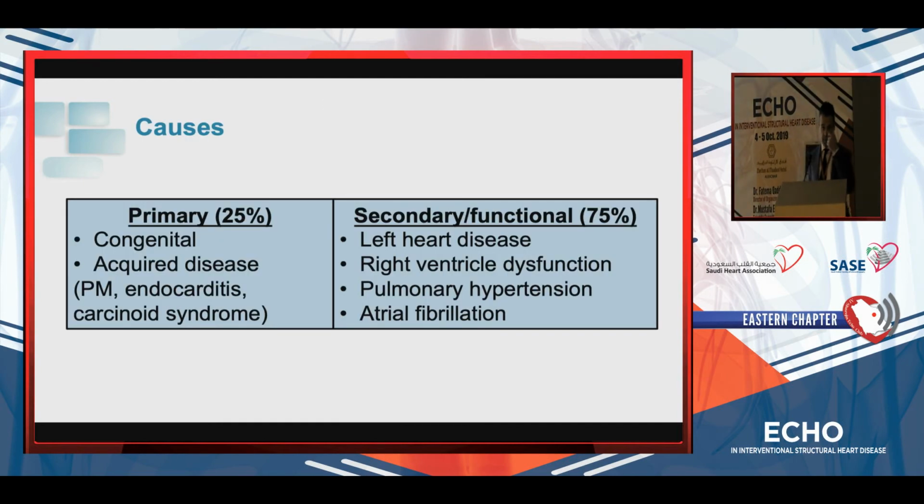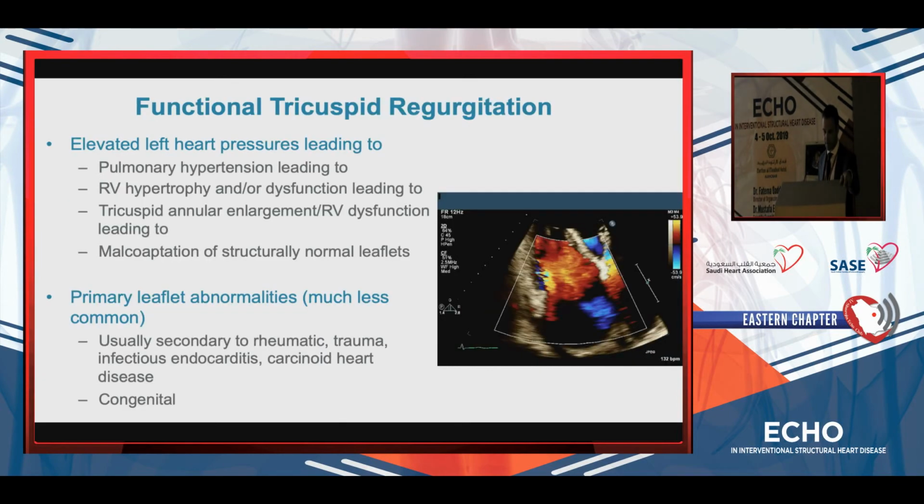So the causes are different than from the mitral valve, because the causes of the tricuspid regurgitation are mainly secondary, because 75, maybe 80 or 90% is secondary tricuspid regurgitation. Only a small amount have a real primary lesion, so a lesion of the leaflets of the tricuspid valve. So normally you have left-sided problems that can lead to pulmonary hypertension.